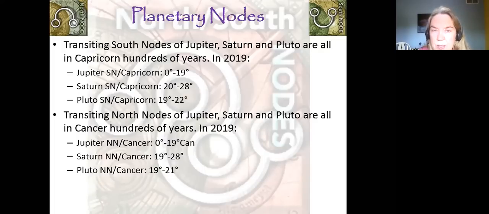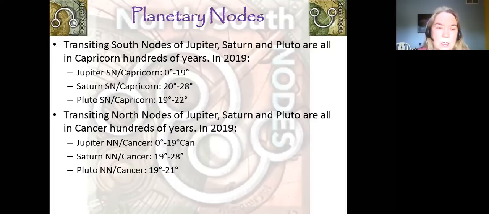The transiting south nodes of Jupiter, Saturn, and Pluto are all in Capricorn for hundreds of years. In 2019, Jupiter's south node in Capricorn ranges from 0 to 19 degrees. Saturn's south node in Cap, 20 to 28. Pluto's south node in Capricorn, 19 to 22 degrees. In the same respect, transiting north nodes of Jupiter, Saturn, and Pluto are all in Cancer for hundreds of years.